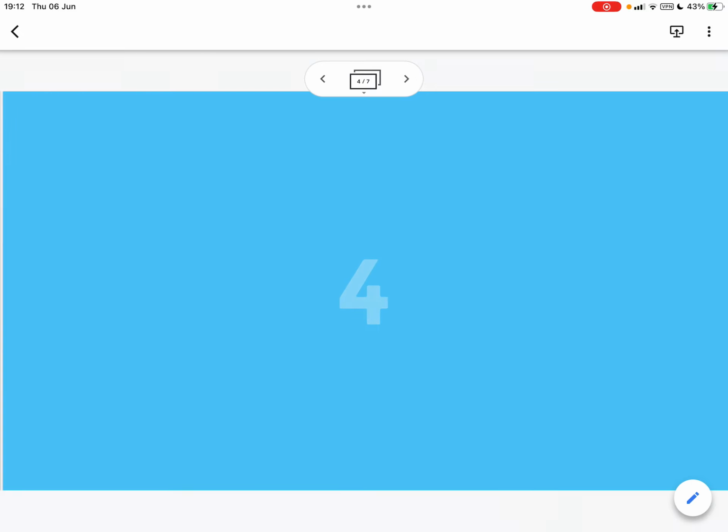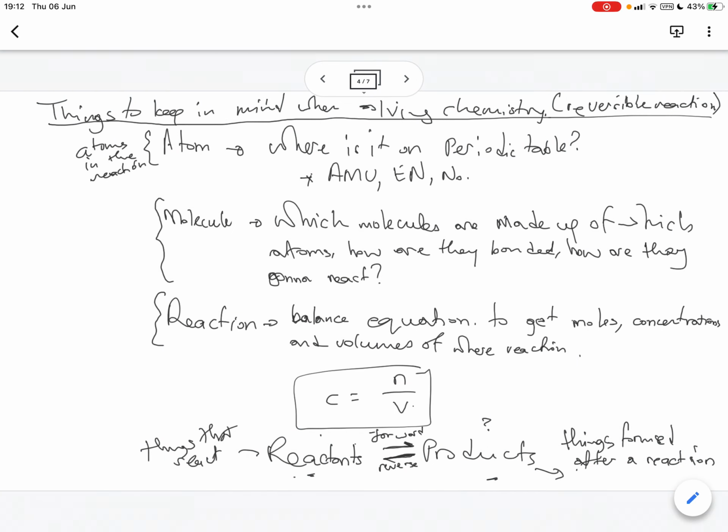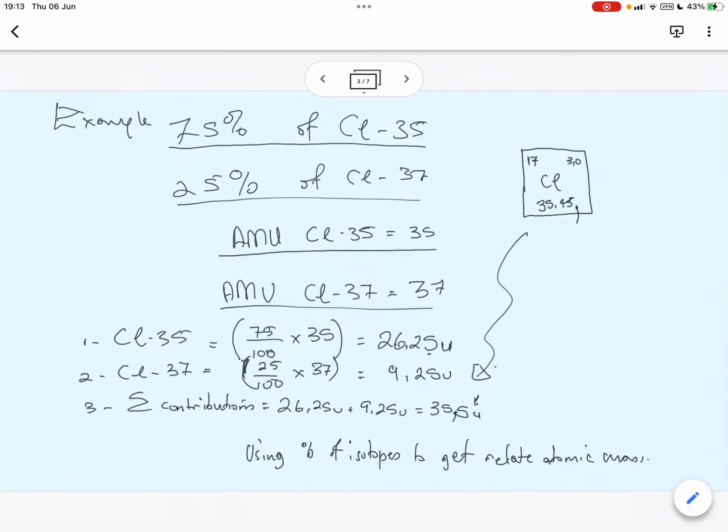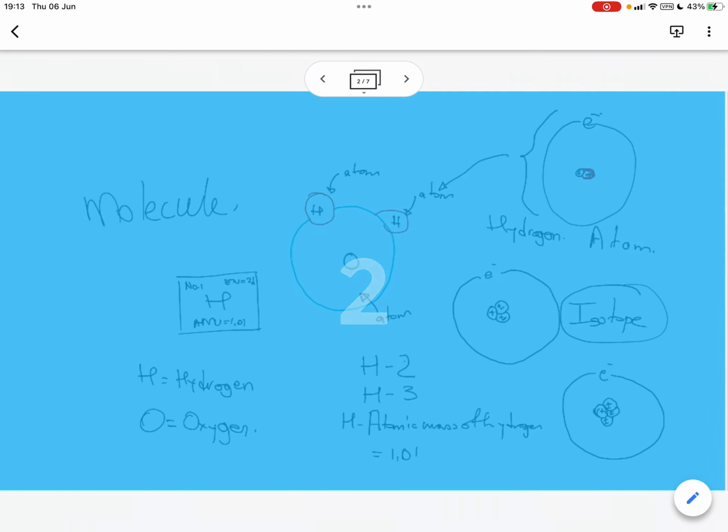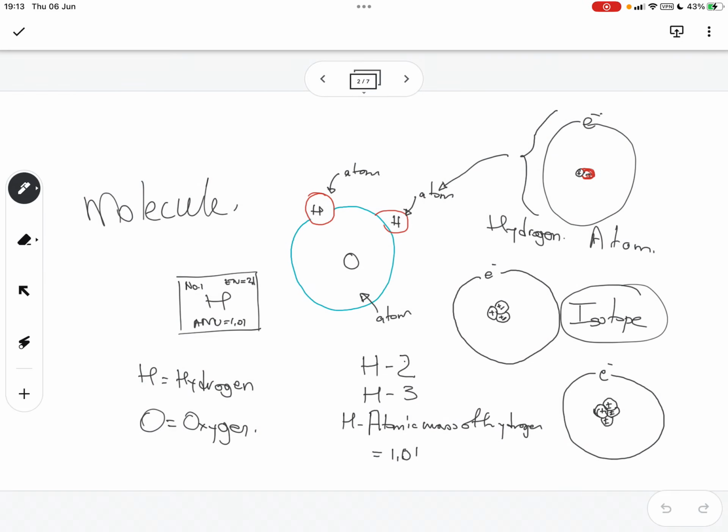So you know how stuff is radioactive, right? Like uranium is radioactive.